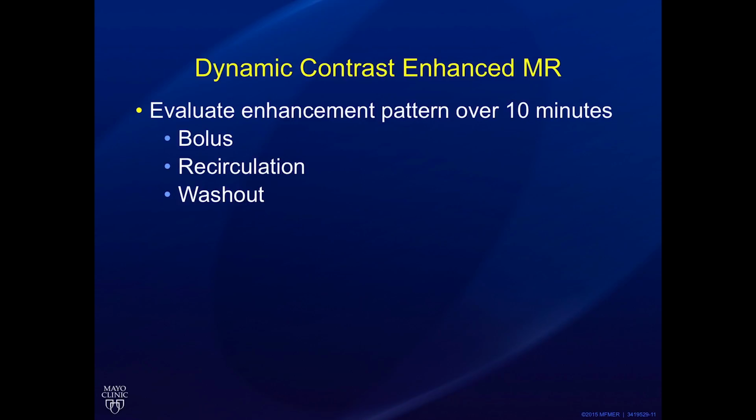All right, dynamic contrast enhanced MR. So we typically evaluate an enhancement over 10 minutes. If you look at your series, you'll look for the dynamic bolus, 1 minute image, 2 minute, and 3 minute images. What that shows you is the arterial phase, the recirculation, how much something is enhancing, and then how quickly does it wash out.